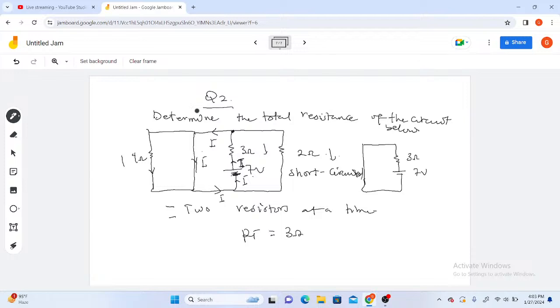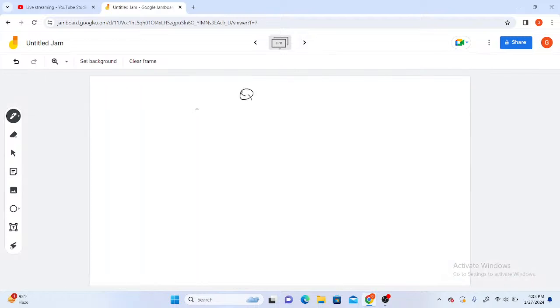Let's consider another problem and see how we find the effective resistance. So our problem 3. Let's quickly move through this problem and see. I have this here. I have this here. Then I have this.